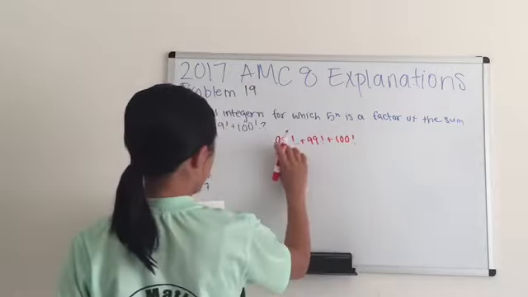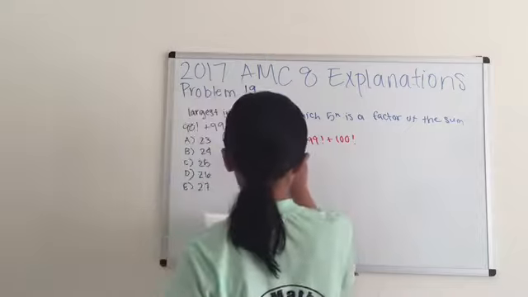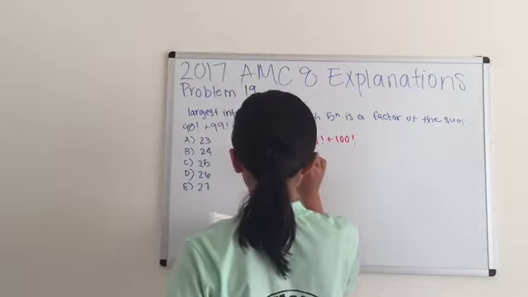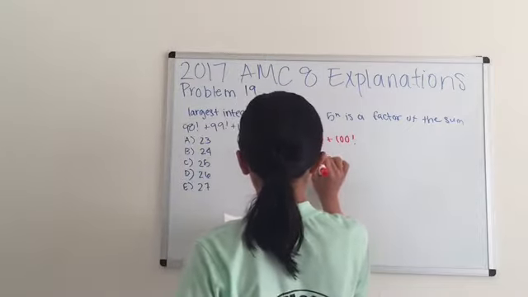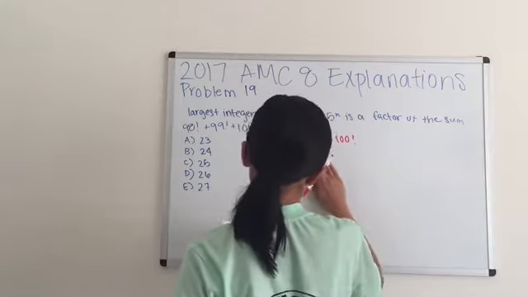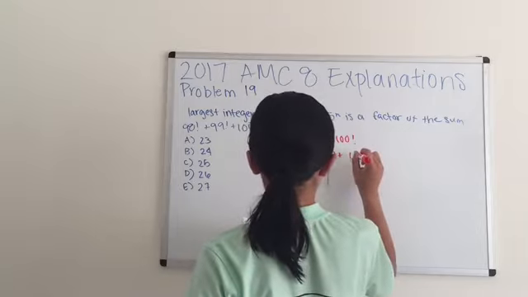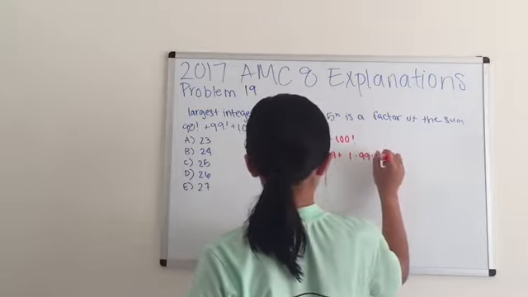And now, as you notice here, we can factor out the 98 factorial because 98 factorial appears in every one of these. So we can get 98 factorial times 1 plus 99, plus 1 times 99 times 100.